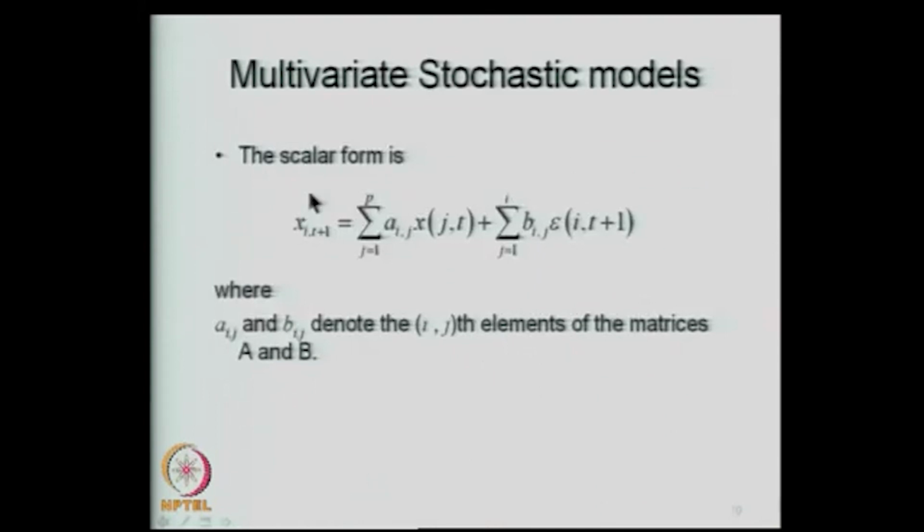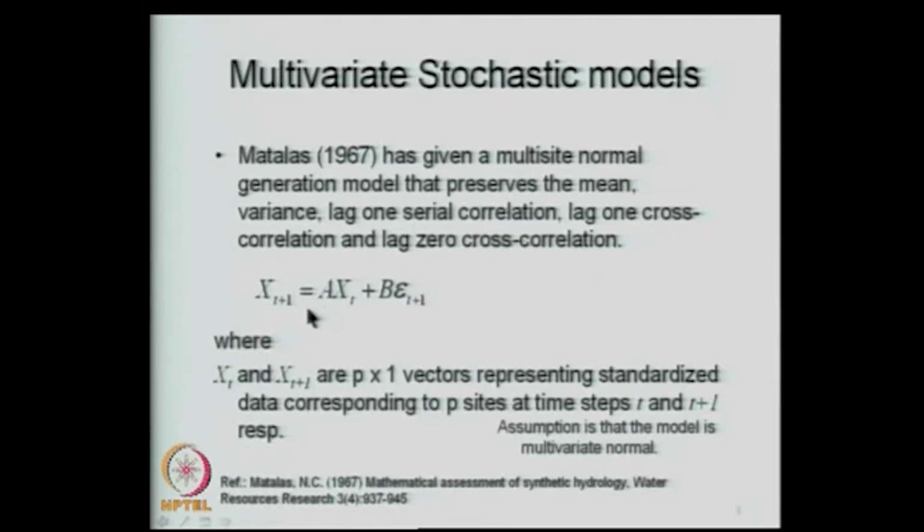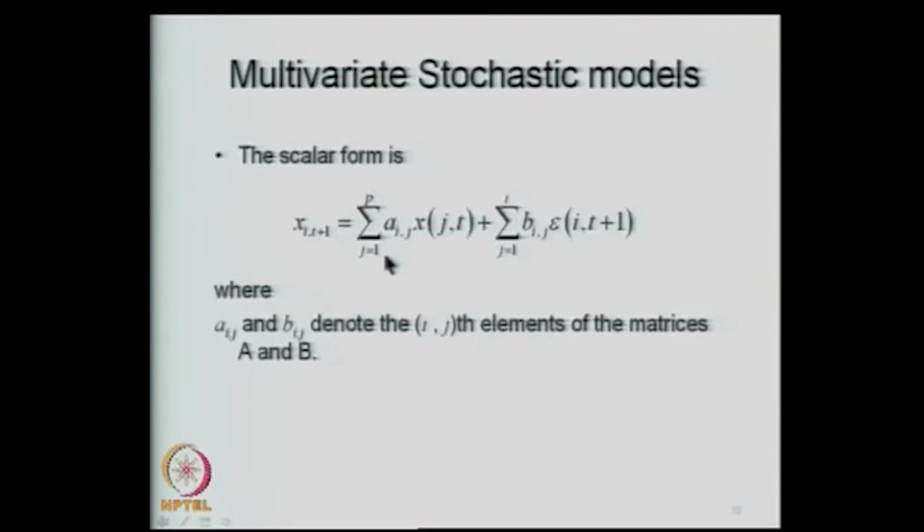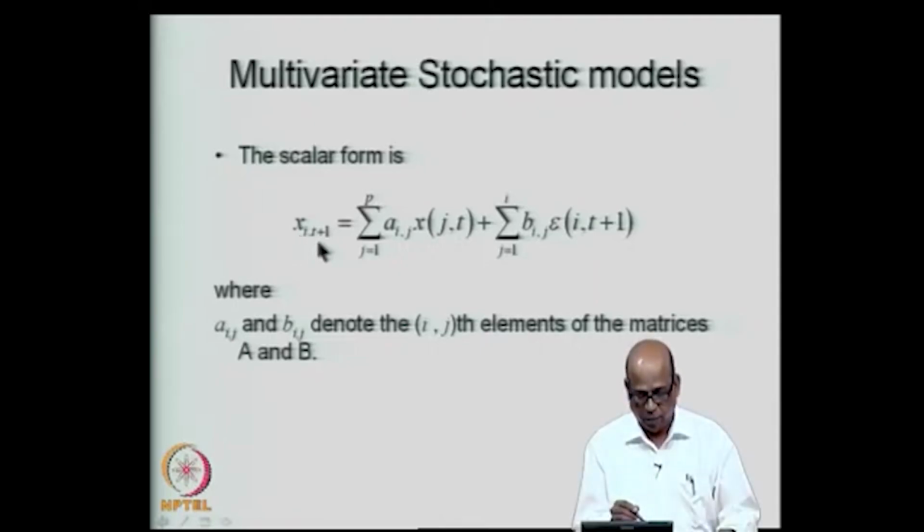So, in the scalar form if we write that is this expression now, this expression I am writing in a scalar form. There is a matrix A and matrix B, which are both p by p matrices. So, I will write this as A i j. Look at this, I am writing for the ith site for time period t plus 1.